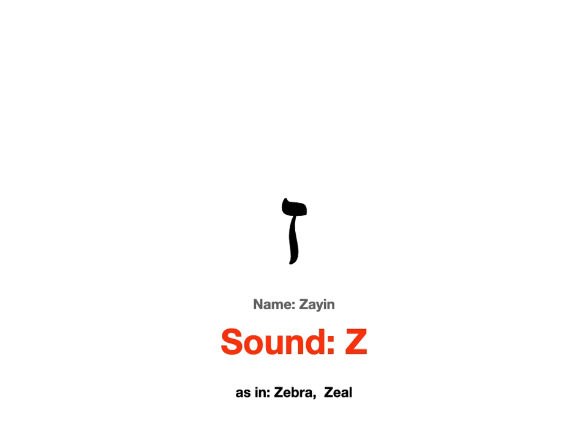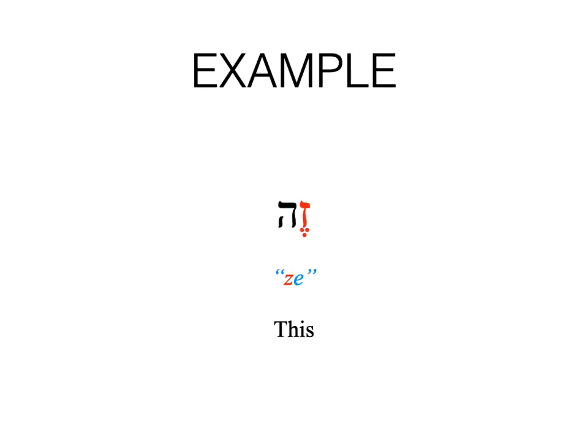The sound of it is Z, like zebra or zeal, and here's an example. Z. Underneath we have a vowel which means e, and finally we have the silent he at the end. Remember, when the he is at the end, it's silent. So the pronunciation of this would be ze, and it means this.